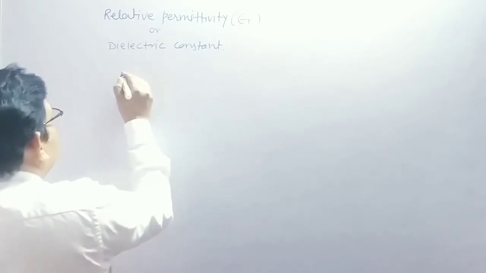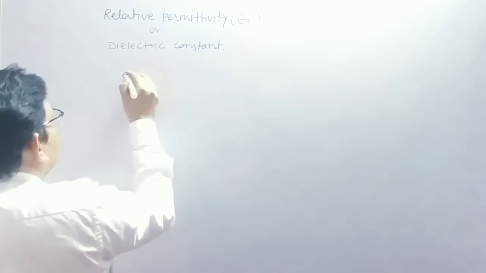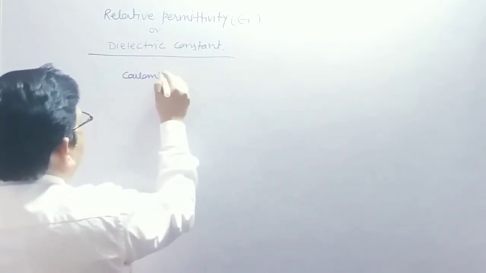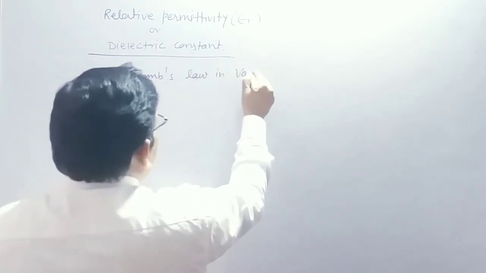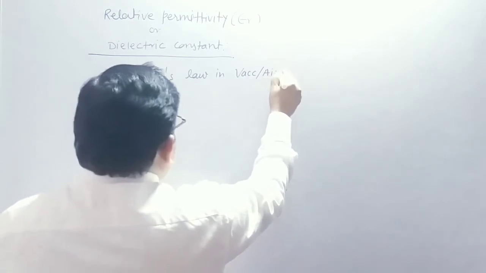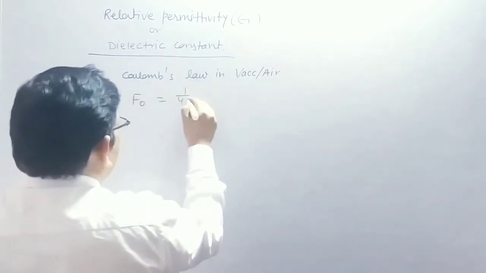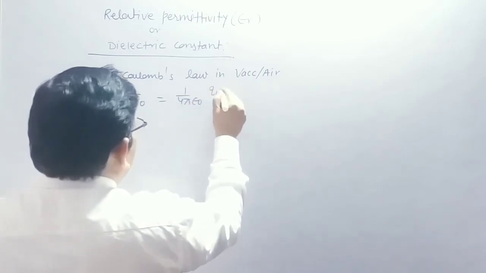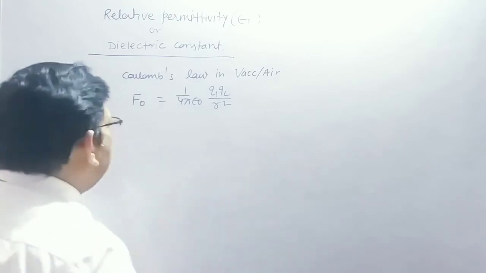So take Coulomb's law in vacuum or air first. F0 is 1 by 4 pi epsilon naught q1 q2 by r square.